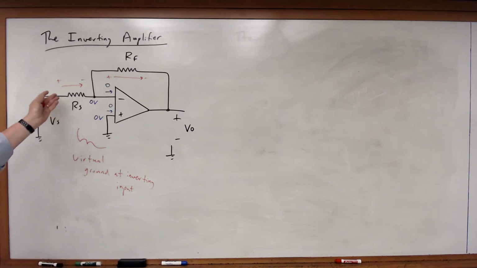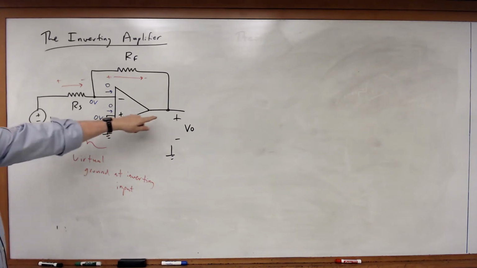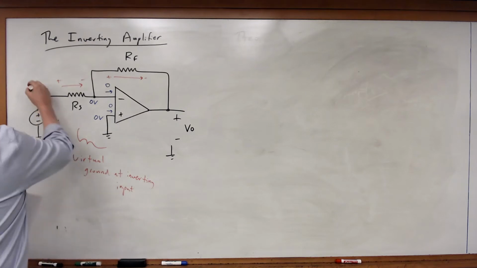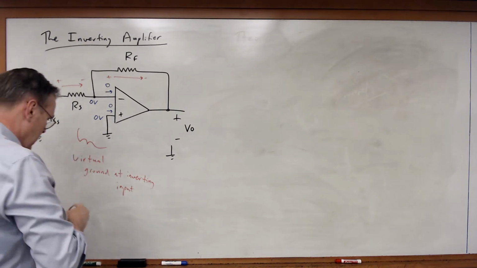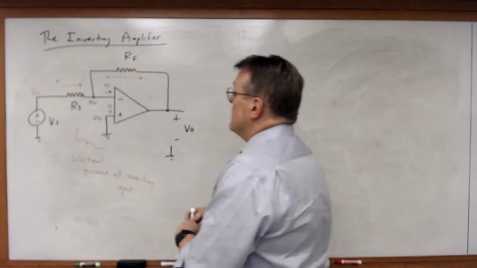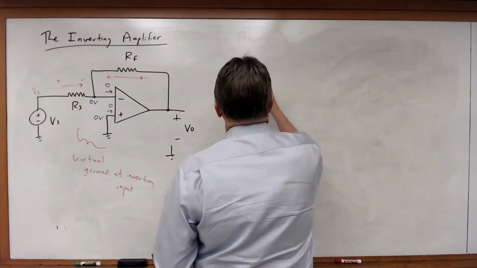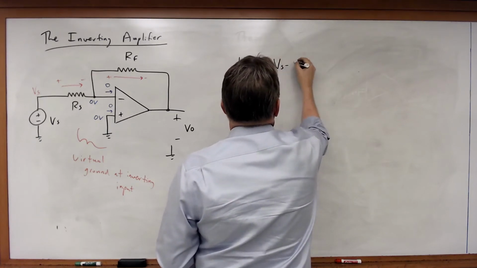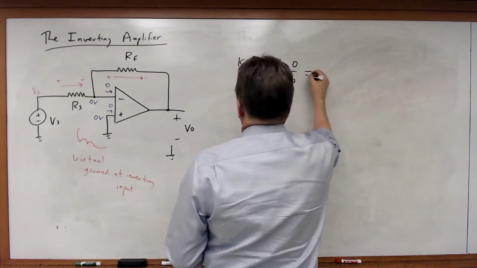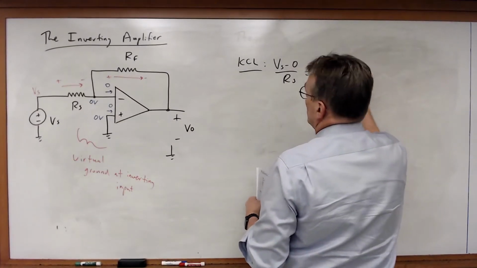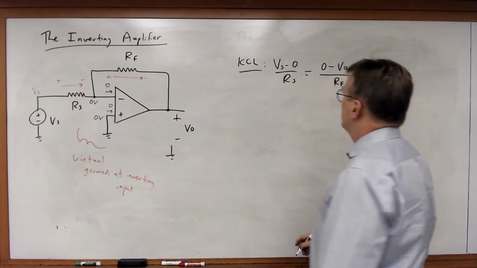Really, the only node I can write a KCL equation for is the inverting input node. I don't want to write one for the output node, I don't need it. And so in this case, this is Vs. And so what we get here is that Vs minus 0 over Rs must be equal to 0 minus V sub O divided by RF.